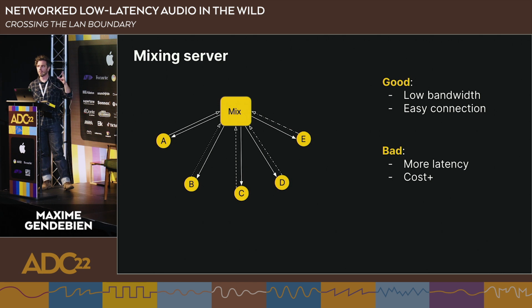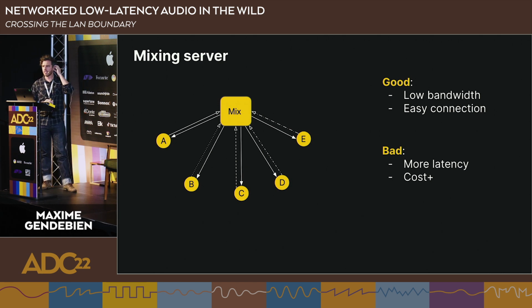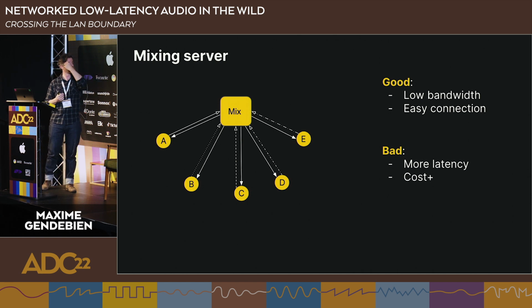Another flavor of this relaying server is a mixing server. It's actually a very interesting area where the server not only forwards packets, but actually does the mixing internally. So all the agents send their audio to the server.